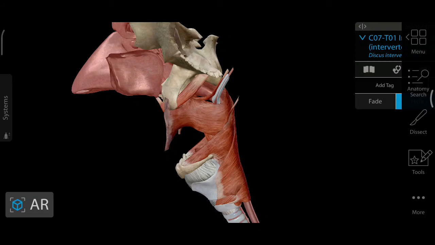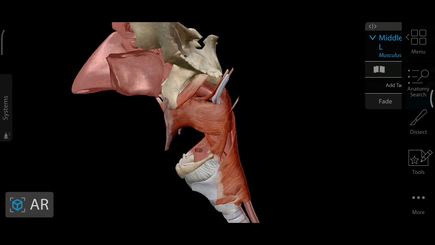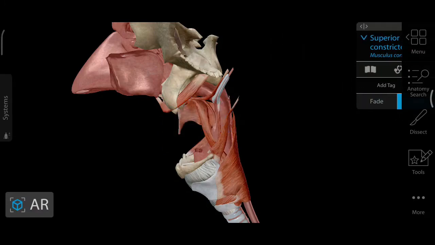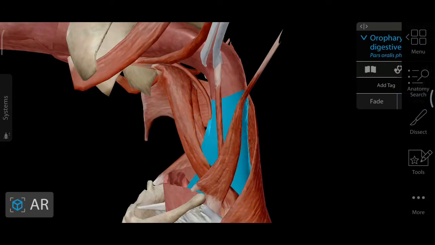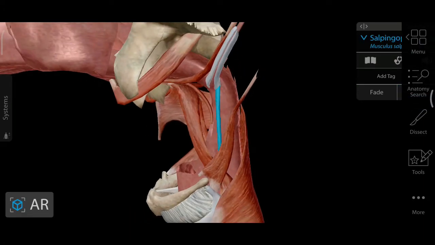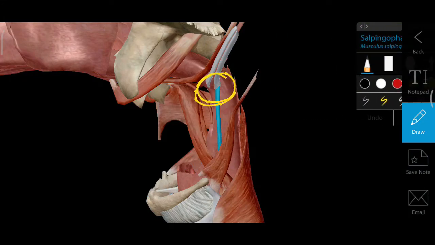Now we're going to see the longitudinal muscles. When we remove the middle constrictor, we're going to see the stylopharyngeus, because the stylopharyngeus is present between the superior constrictor and the middle constrictor. And when we remove the superior constrictor, we're going to see this muscle, the salpingopharyngeus, and as you can see, it is originating from the cartilage surrounding the eustachian tube.